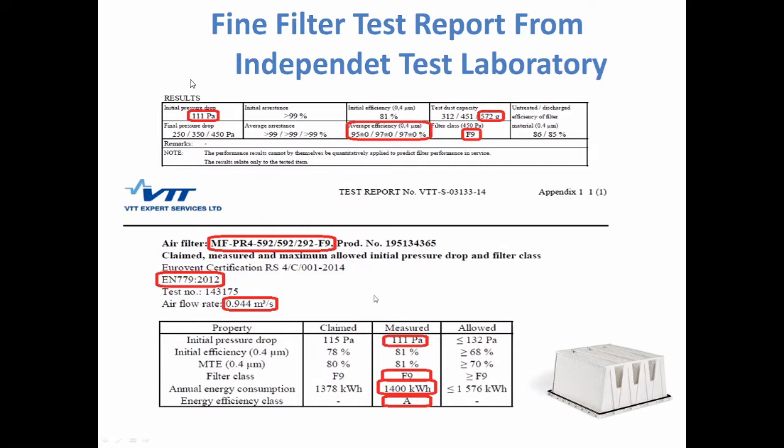So we got this report also in our company. But this is tested according to EN 779/2012. Yeah, it can also be for ISO norms. This energy efficiency class A means this product is energy saving.